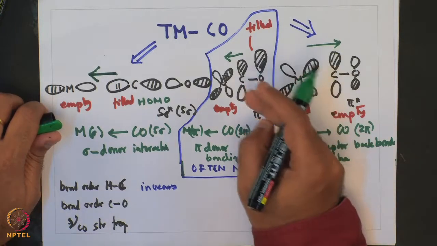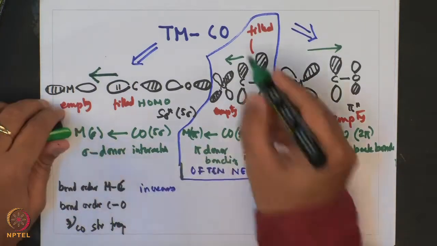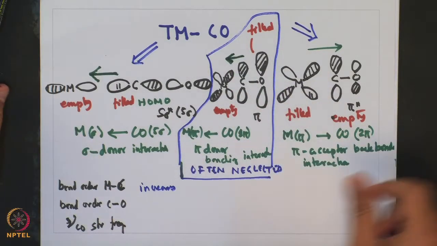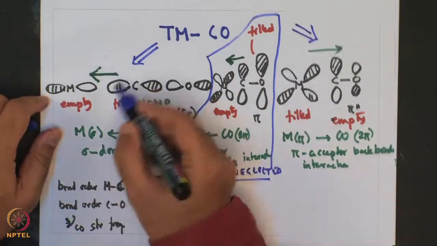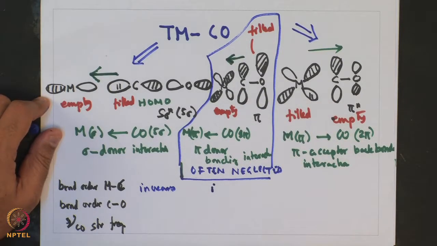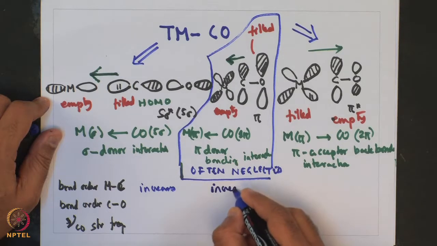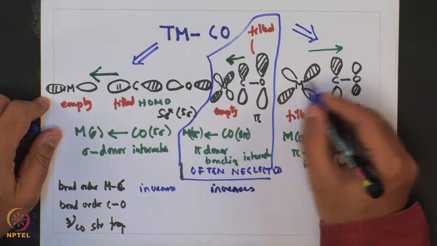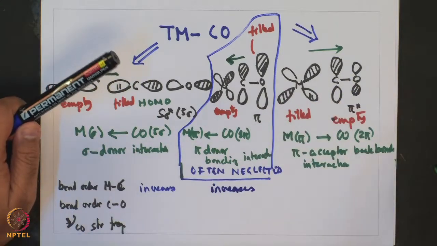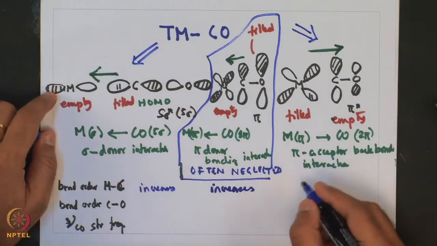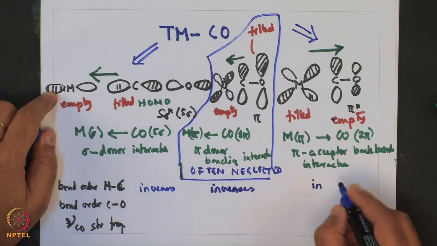Similarly, if this pi donation to the metal vacant orbital increases, then again the metal C bond order increases because now a bond is being formed, and if the metal to CO pi back bonding interaction also increases, that also leads to an increase in metal C bond order.